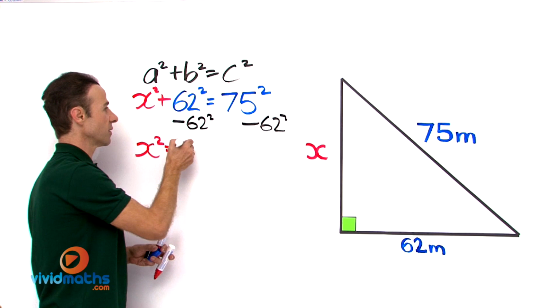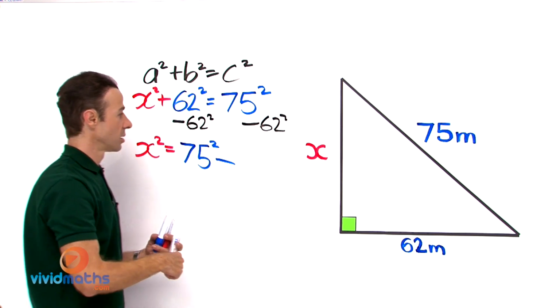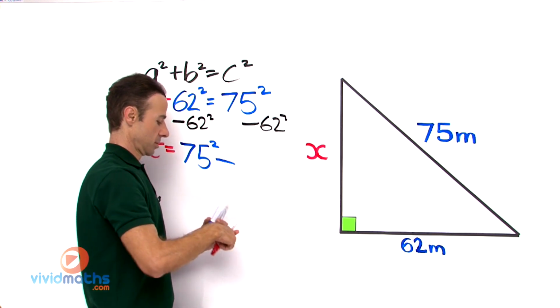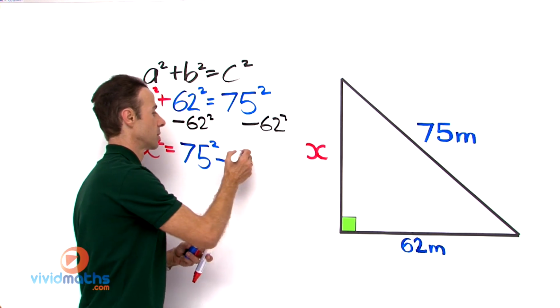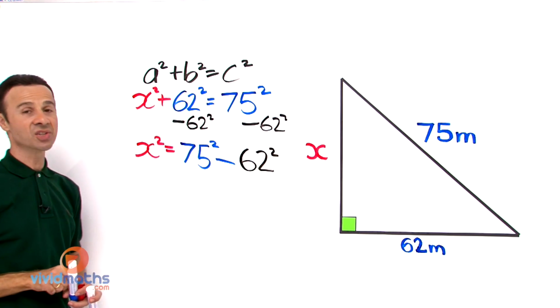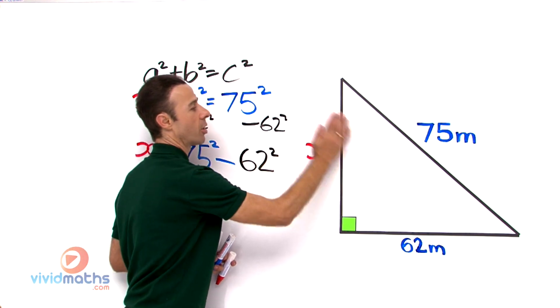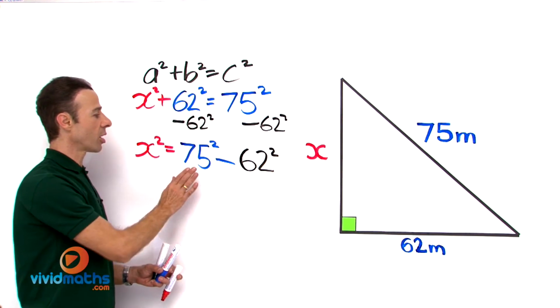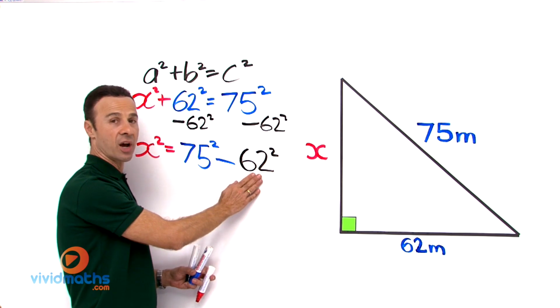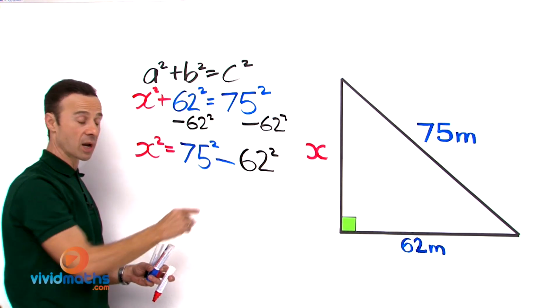We'll get 75 all squared minus 62 all squared. As I said earlier, I'll just recap. When we are given the hypotenuse across there, it's the hypotenuse minus one of the side lengths, which is that one across there. So now we can solve because we can see we've got a subtraction there.